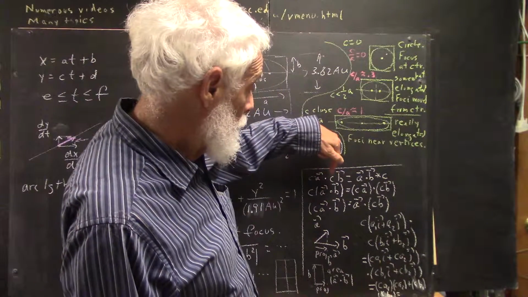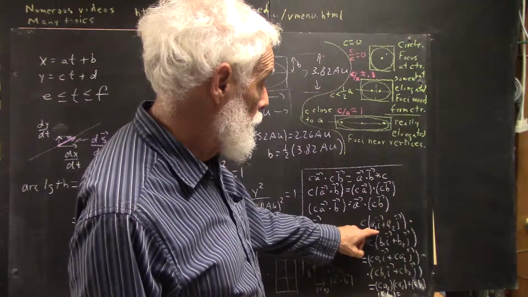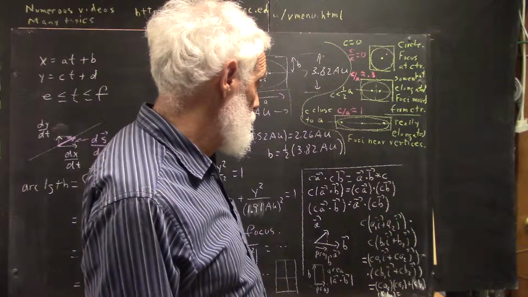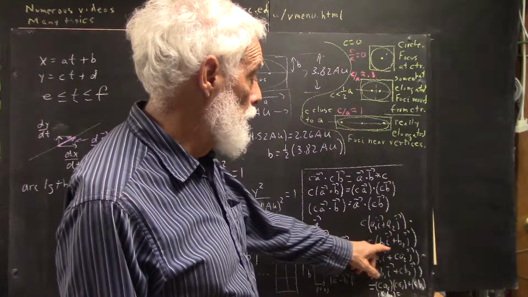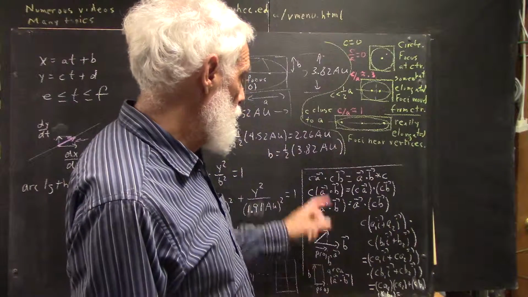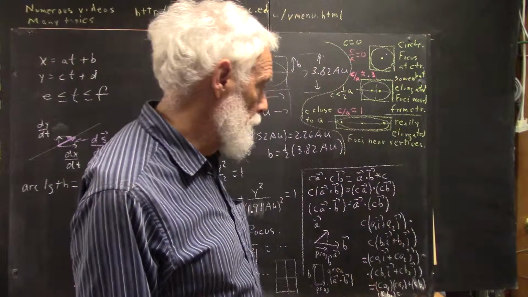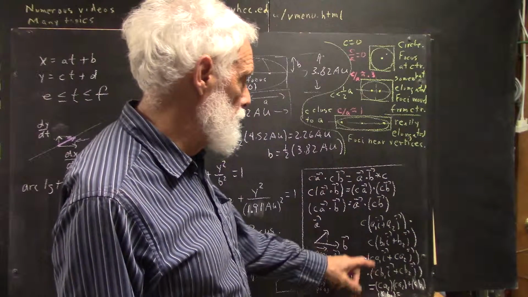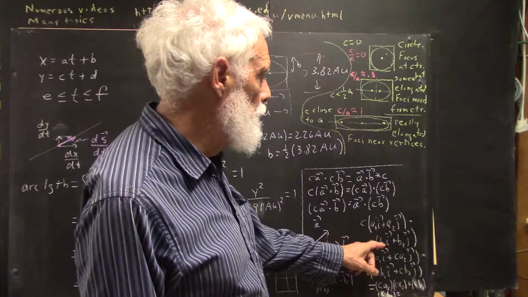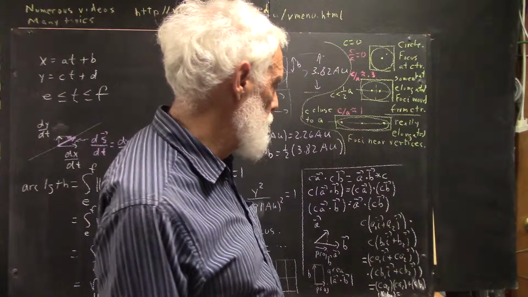Okay, so let's let A be A1I plus A2J, and let B be B1I plus B2J. Then CA dot CB is C times the A1I plus A2J, and CB is C times B1I plus B2J.